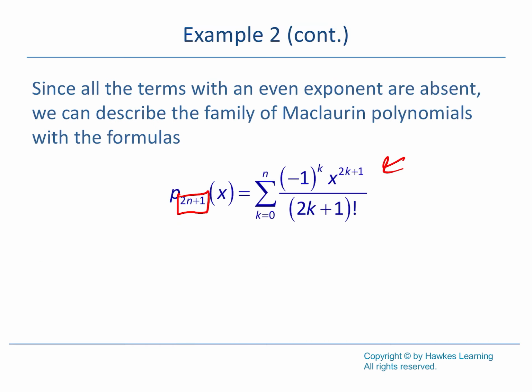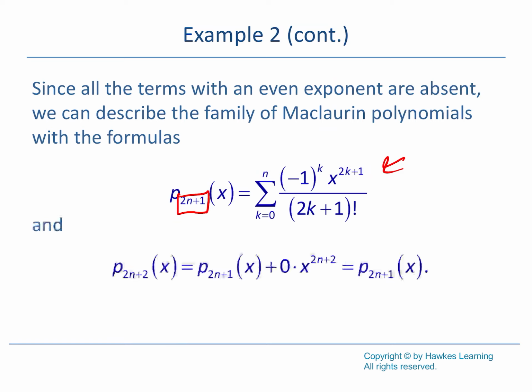And then for an even polynomial that's trying to describe sine of x, it's just the odd numbered polynomial plus 0, basically, because all of those even terms have a coefficient of 0.